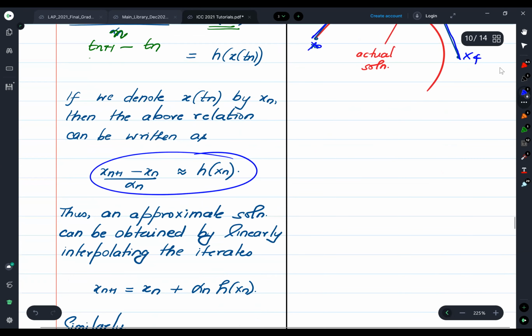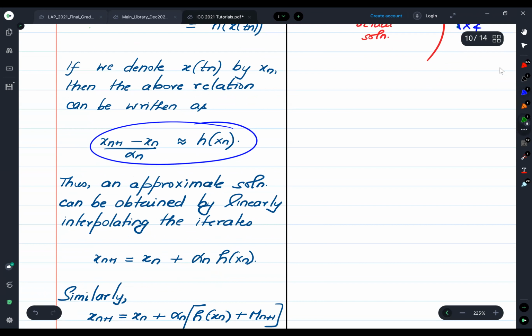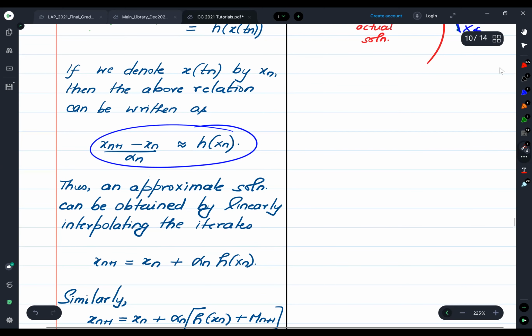So what is the Euler method to approximately compute the solution to a given ODE? The Euler method is basically given by this equation over here, which is based on the idea we have formulated. If you want to compute an approximate solution to the ODE, you start from x0, and define alpha 0 to be t1 minus t0, alpha 1 to be t2 minus t1, and so on.